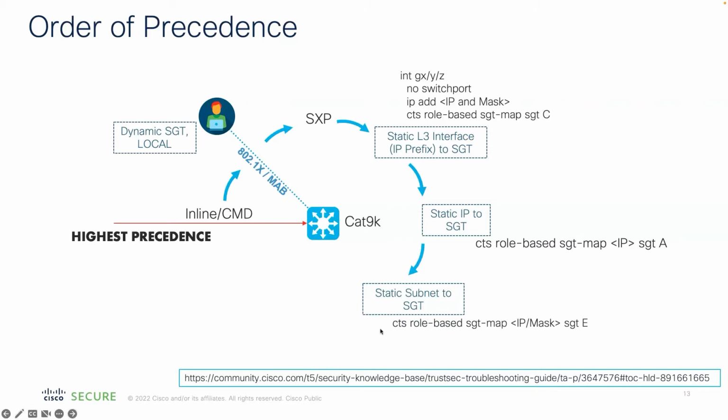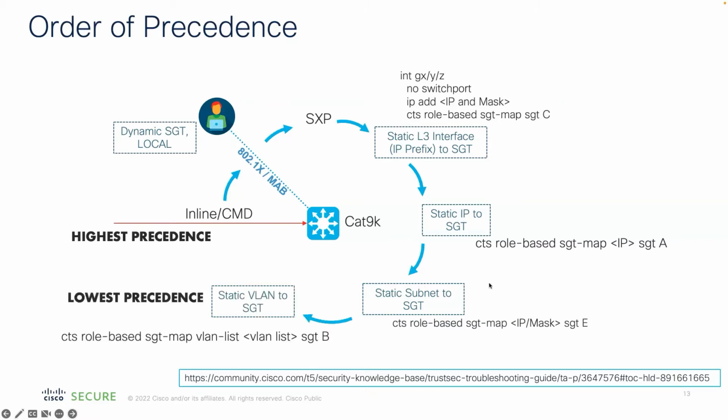And hopefully with these two, it's clear to see that if you've got a large static subnet to SGT and you're assigning to a particular group, if you assign particular IPs within that subnet to a different group, then the IP to SGT takes precedence over the subnet.